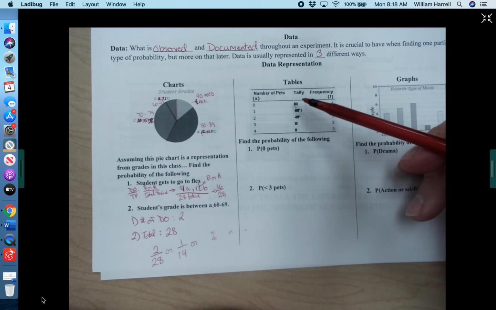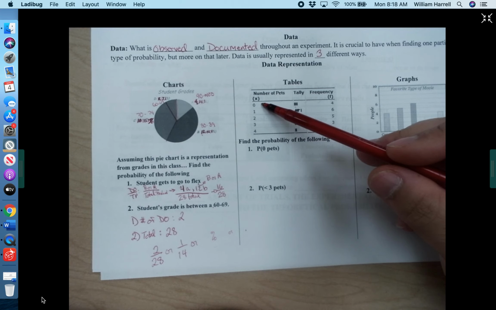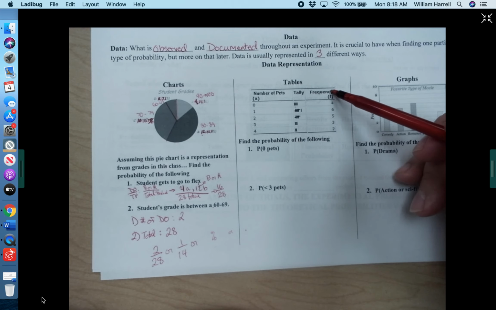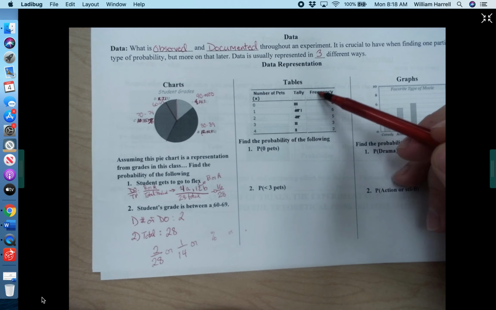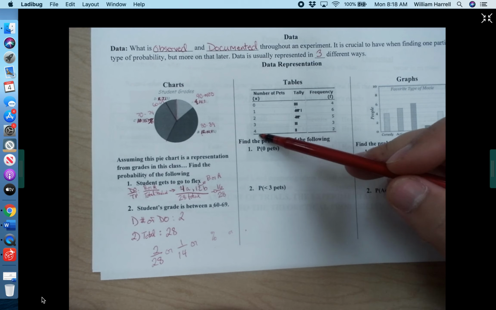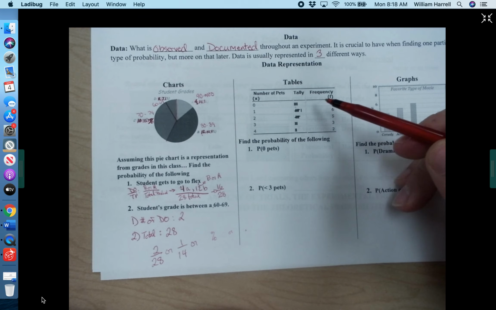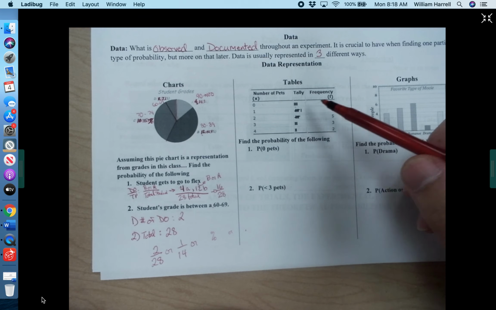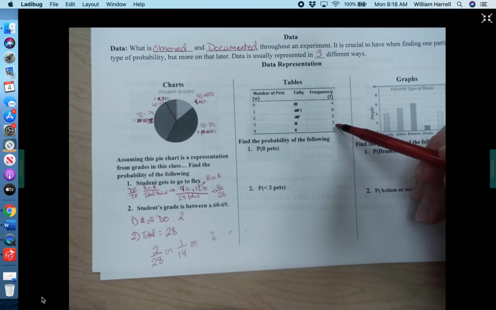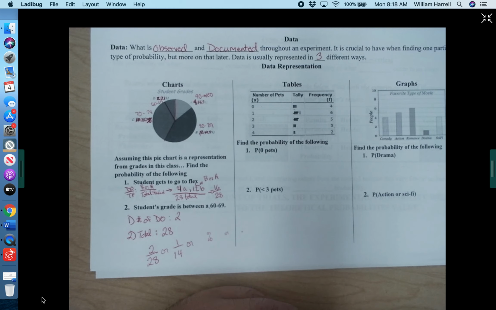What I mean by that, 4 people have 0 pets, right? So the number of people, or how many people have this many pets. So 4 people have 0 pets, 6 people have 1 pet, 5 people have 2 pets, 3 people have 3 pets, 2 people have 4 pets. Okay.